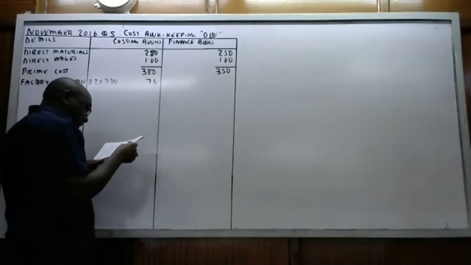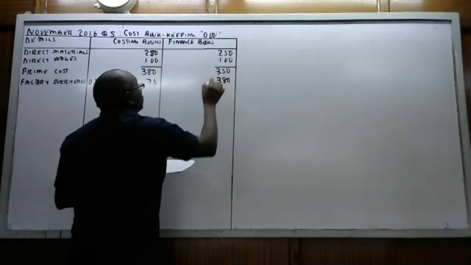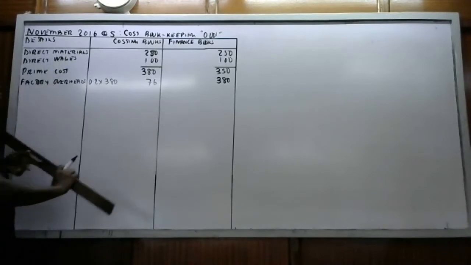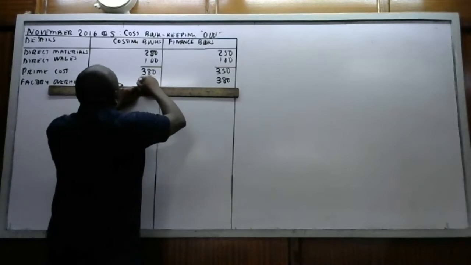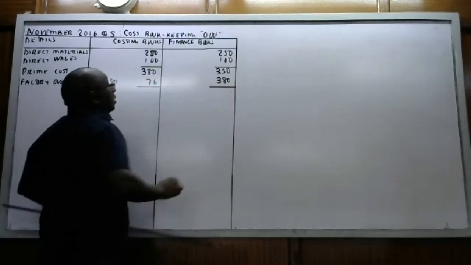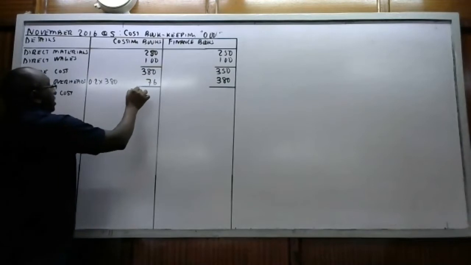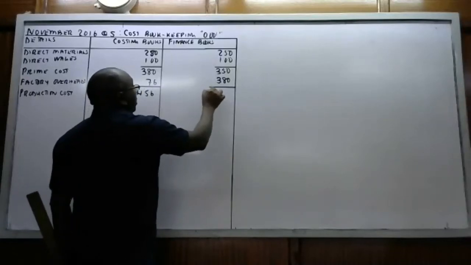But in finance, we are given 380. When you add these two, you get a figure called production costs. This is 456 and this is 730.